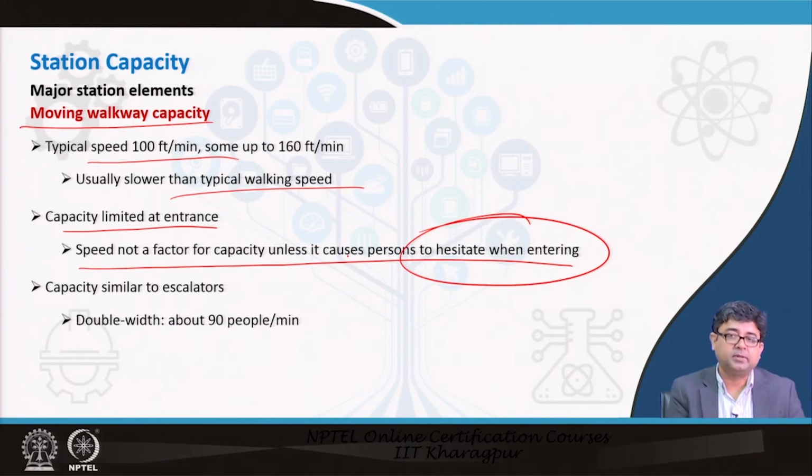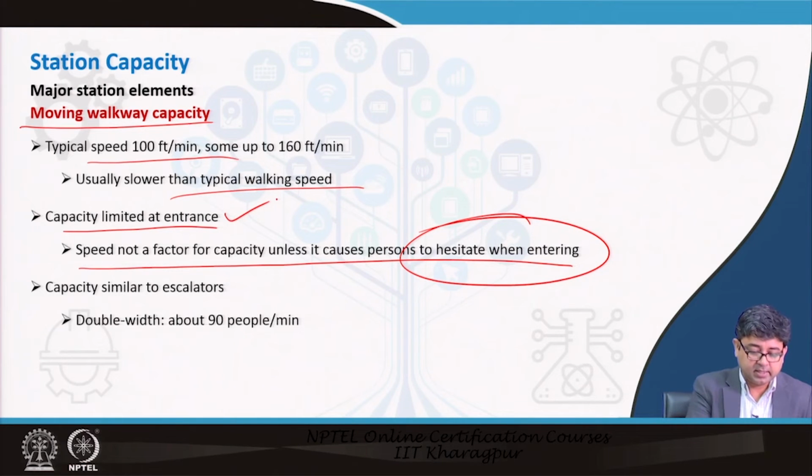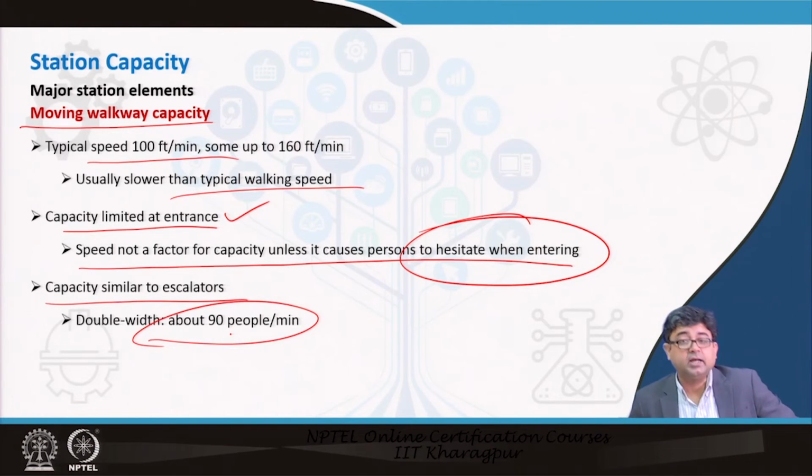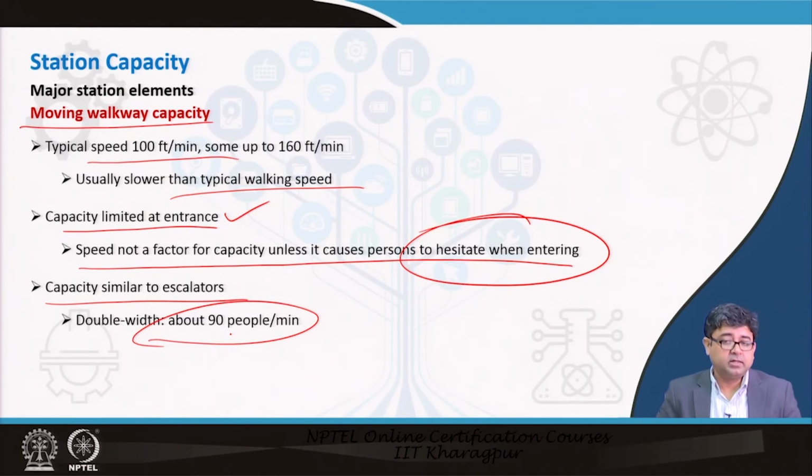People who are not used to using a moving walkway slow down the people behind them. So, that's the capacity constraint there. The capacity is similar to escalators; it is designed to carry 90 people per minute, which is very similar to escalator capacity.